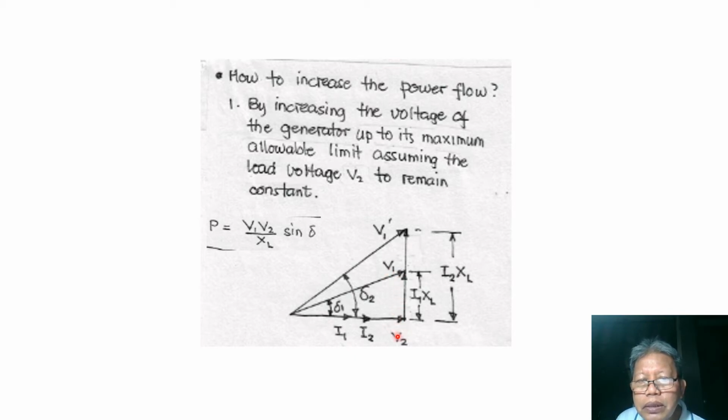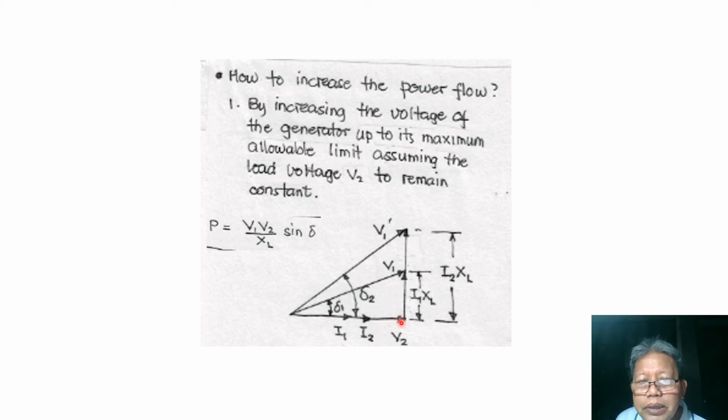So we said that if there is no angle difference between the bus voltages at bus 1 and bus 2, then power cannot flow. So with the delta 1, we had power being delivered by the generator.